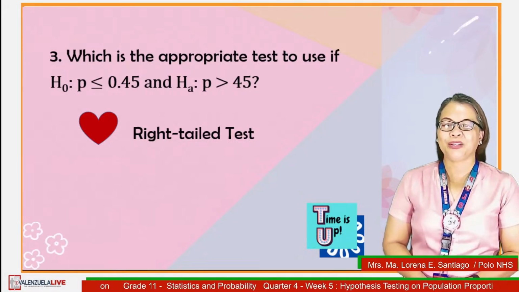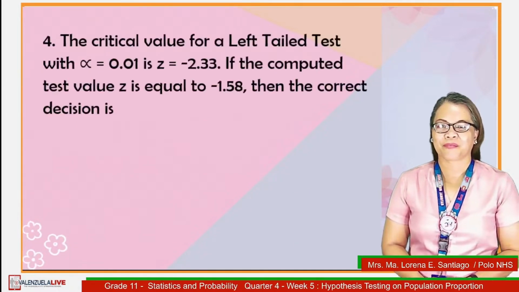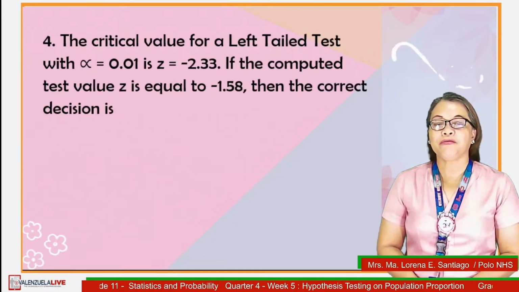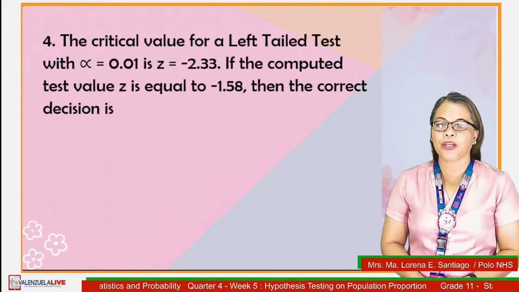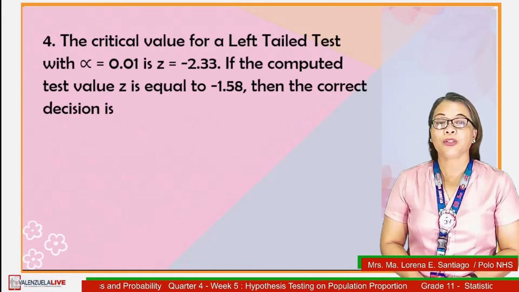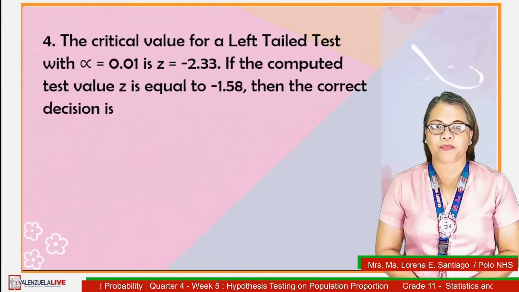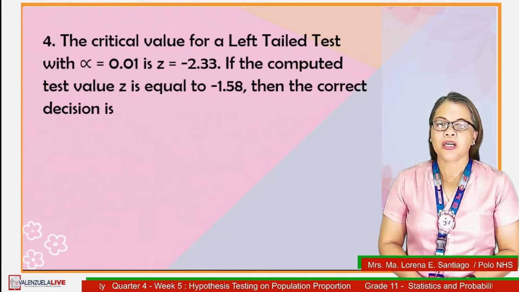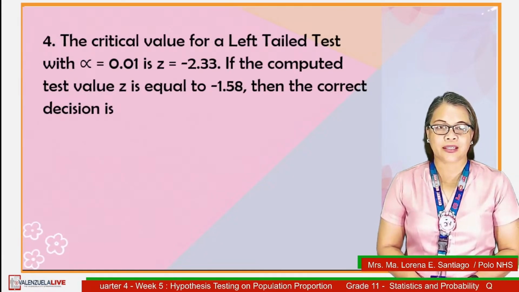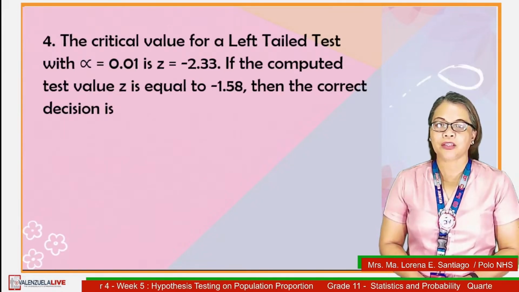Okay, let's proceed with number 4. The critical value for a left tail test with alpha equal to 0.01 is Z equal to negative 2.33. If the computed test value Z is equal to negative 1.58, then what would be the correct decision?